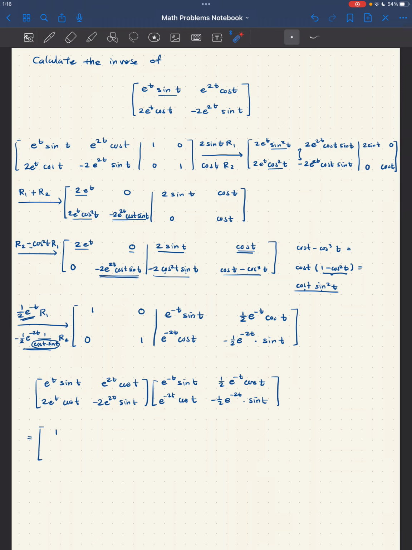Now this row against this column. This times that becomes 1. This times that, sine t cosine t. Now this one against this one.